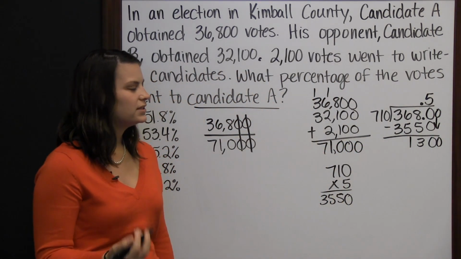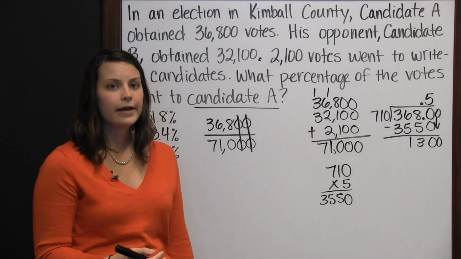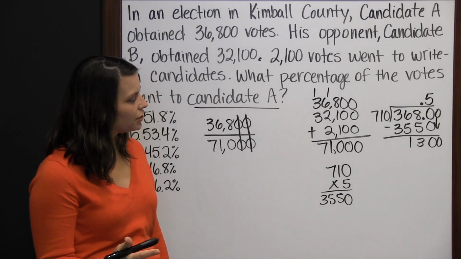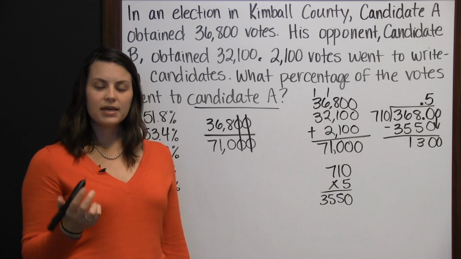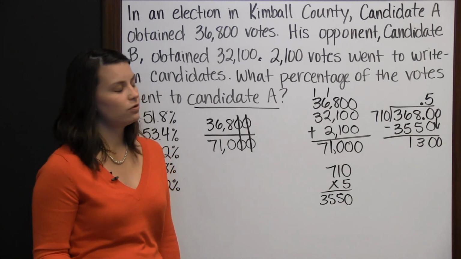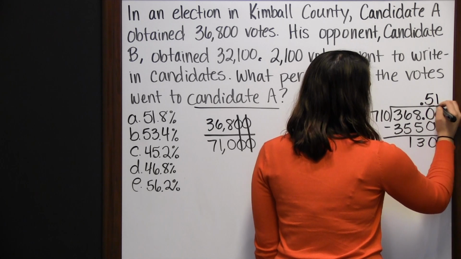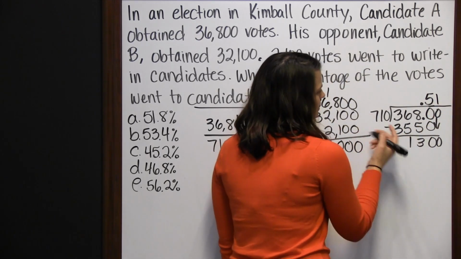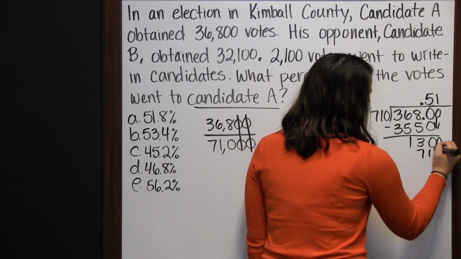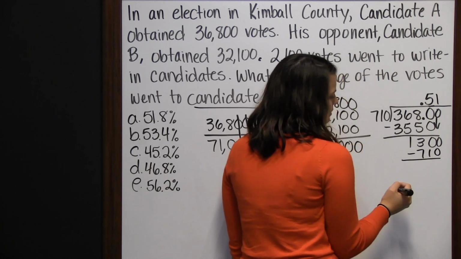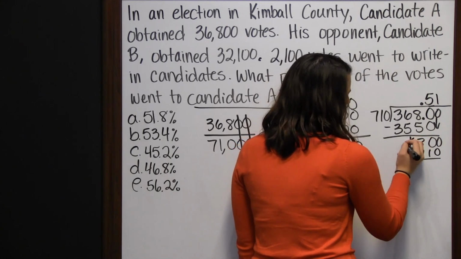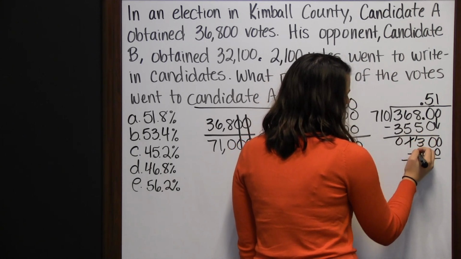1,300. So 710 is only going to go into 1,300 one time because 700 plus 700 would be 1,400, and that's too much. So it's just one time. 710 times 1 is 710. Then we need to subtract. So I'm going to borrow from the 1, that's a 0, that's 13.